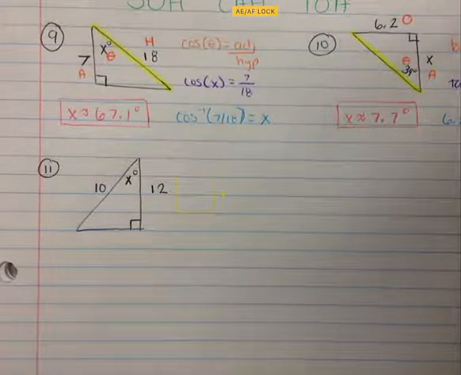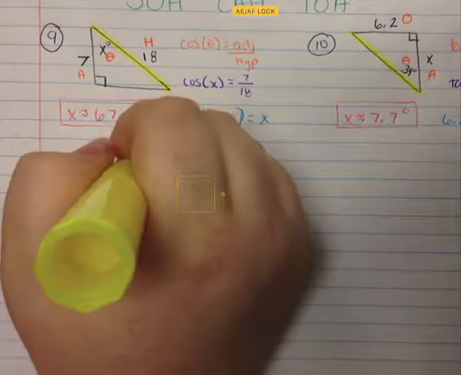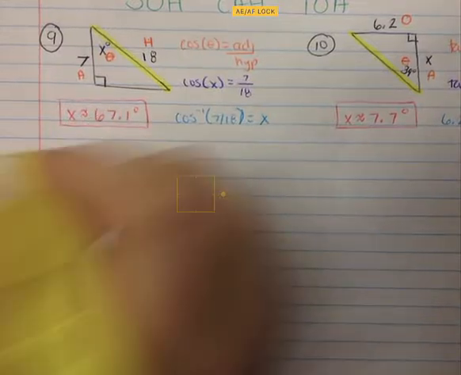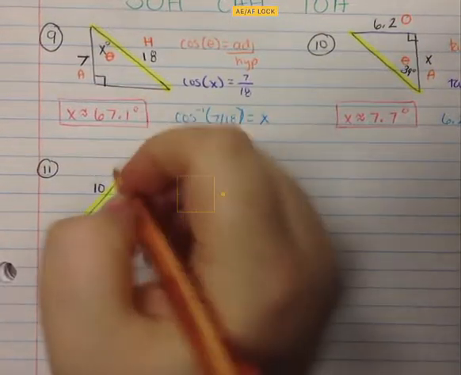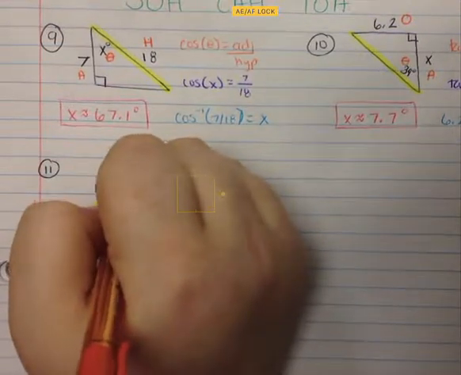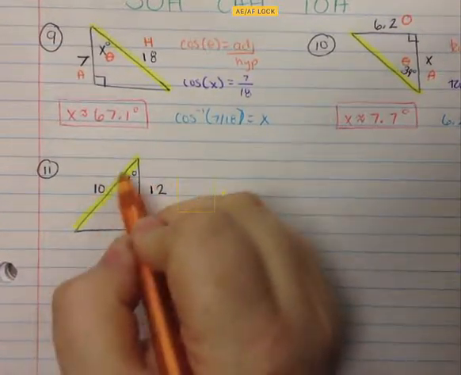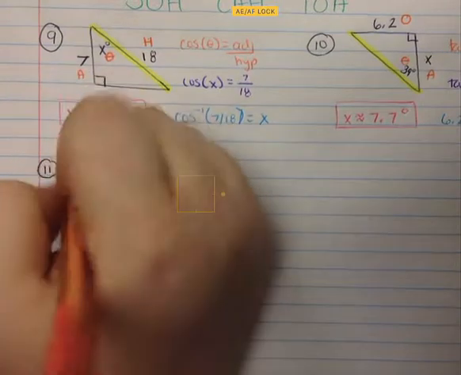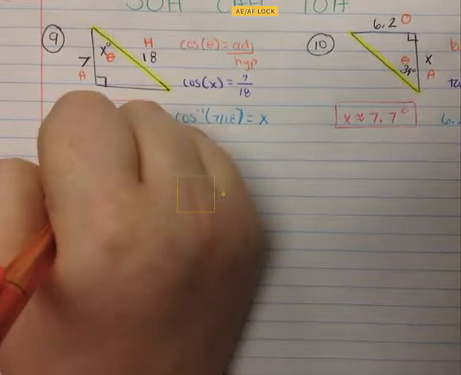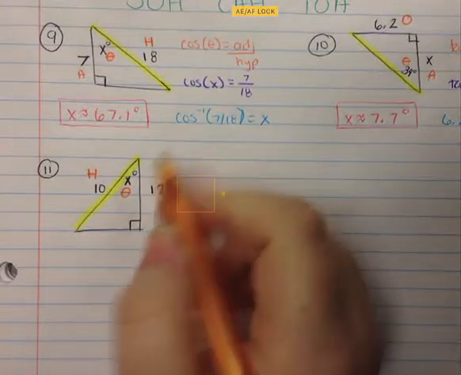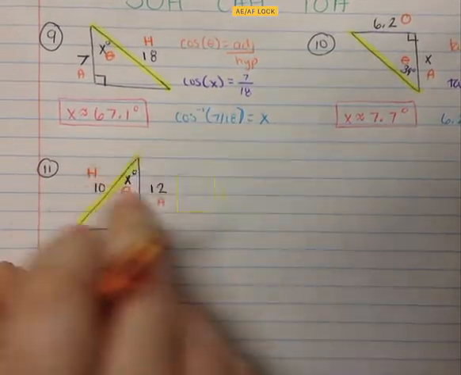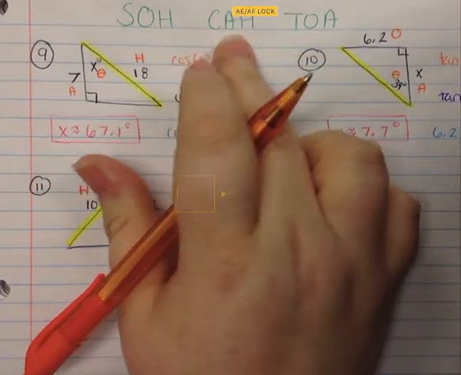We're going to highlight what looks to be the hypotenuse and label the triangle. Theta is where that x degree is. The 10 is on the highlight, so that should automatically be your hypotenuse, your H. The 12 is attached to the theta but not highlighted, so that's your A. A and H, that's cosine.